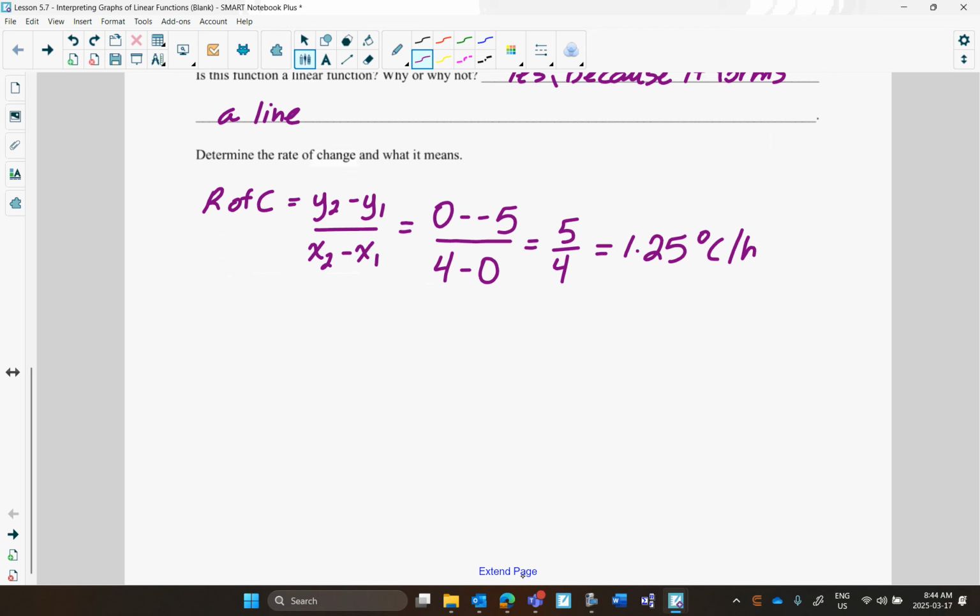And what does it mean? It means that the temperature increases 1.25 degrees Celsius every hour. That's the meaning of it.